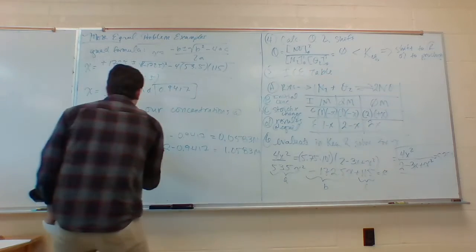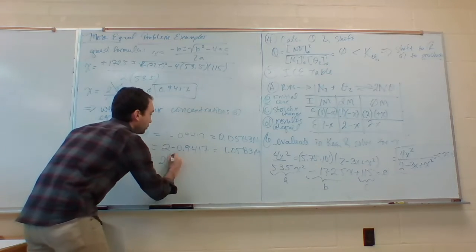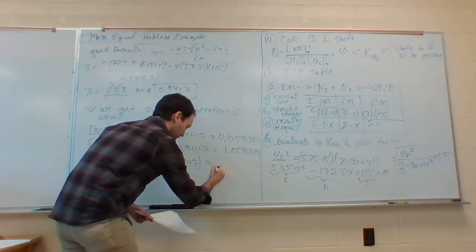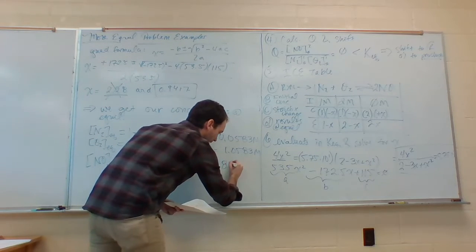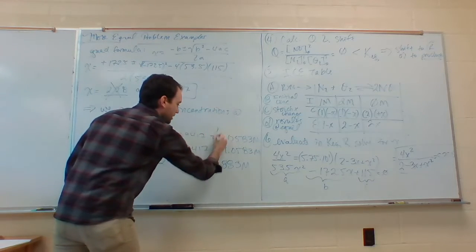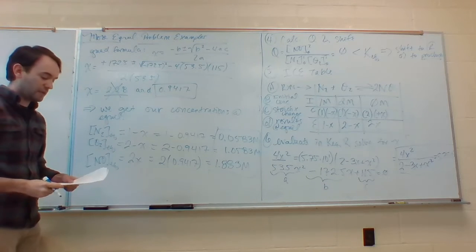That is 2x, right? If I plug in my value of x, that's 2 times 0.9417, right, which is equal to 1.883 molar. That means that these are my concentrations at equilibrium for all of my species.